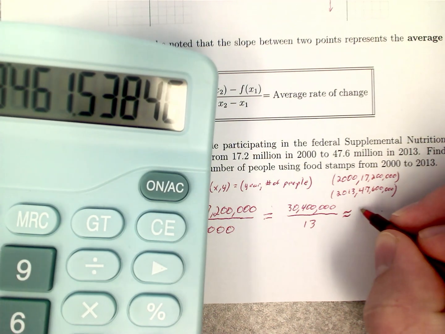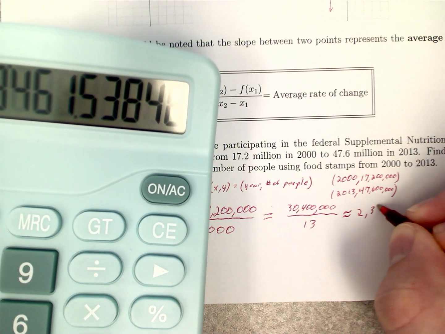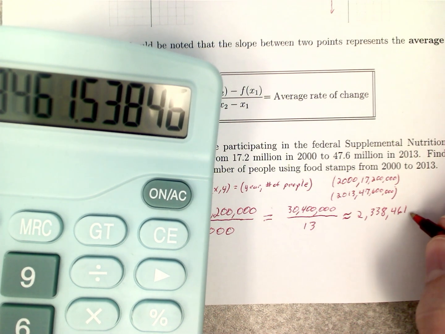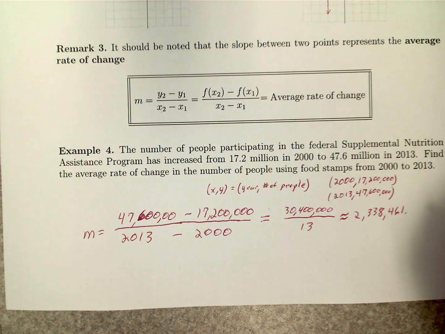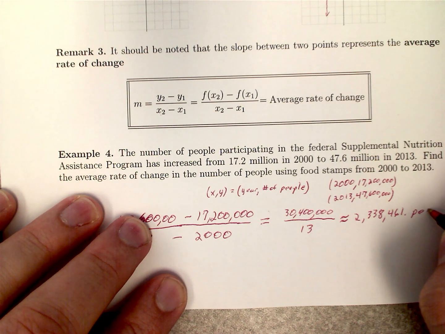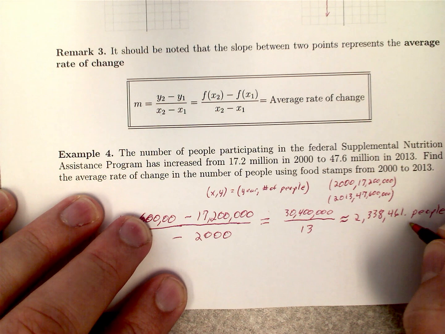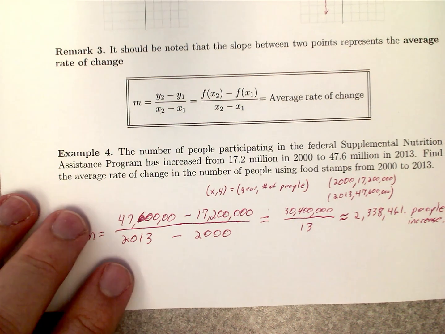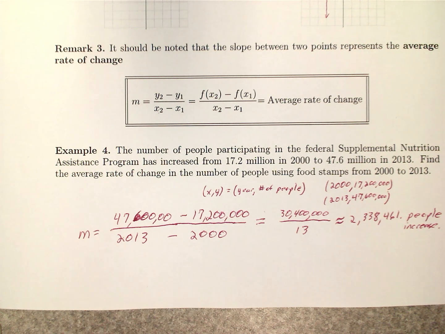We have approximately 2,338,461 people. People increase from 2000 to 2013. This concludes everything from this lecture of 1.3 Part 3.